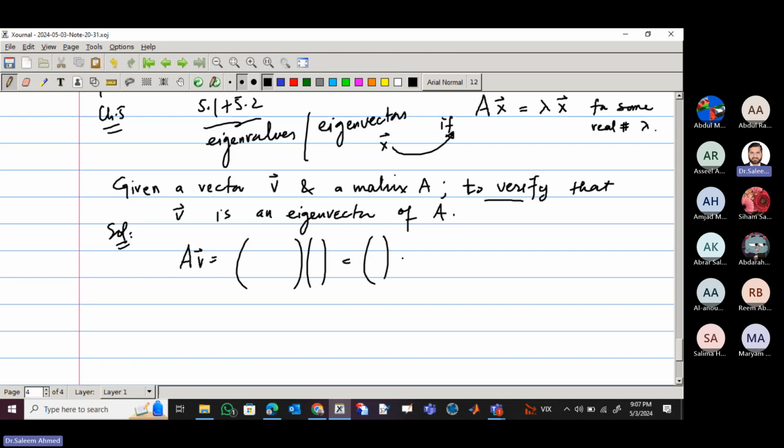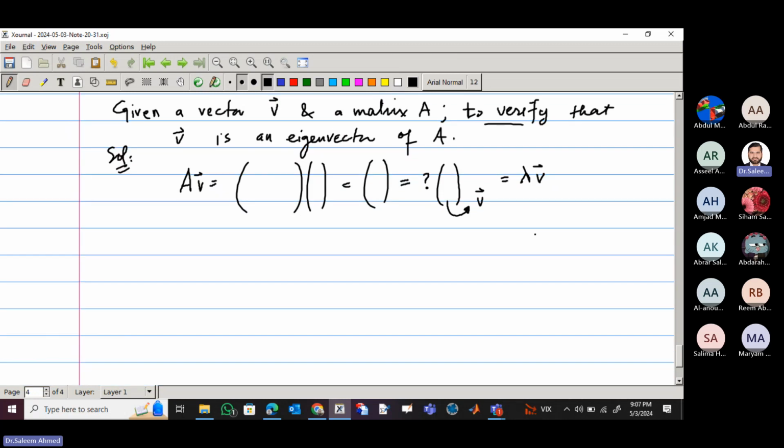Whatever vector you get, you will try to write a number here so that this becomes V. Means you get some number lambda and your V comes back. If you are able to write it like this, it means it is an eigenvector. Otherwise, it is not an eigenvector. So verification is easy if a vector is given.